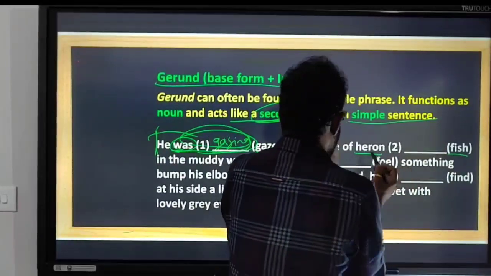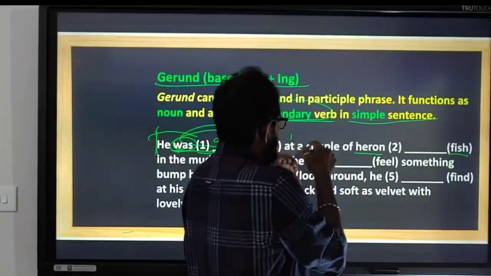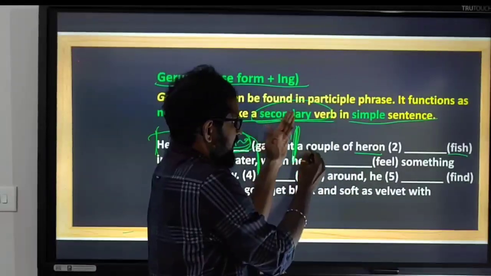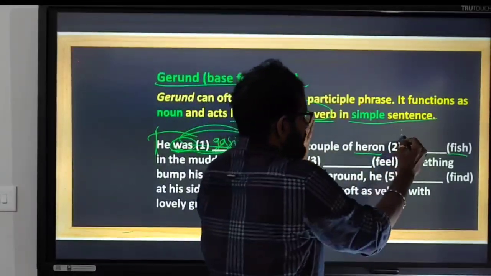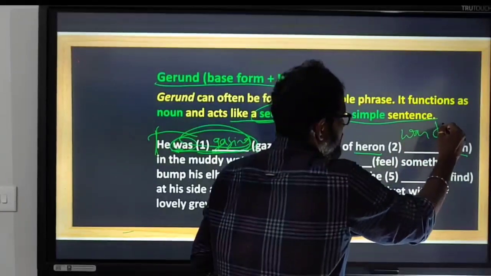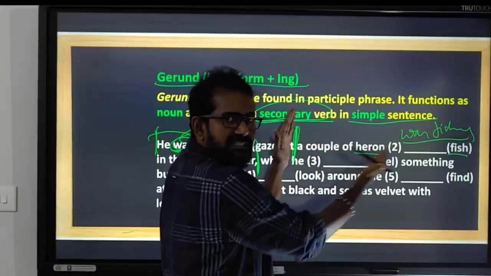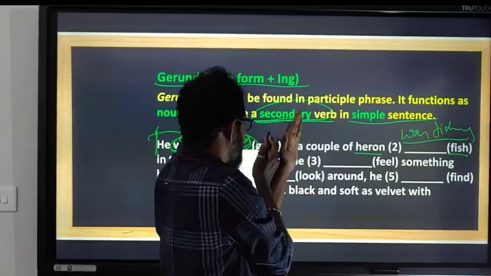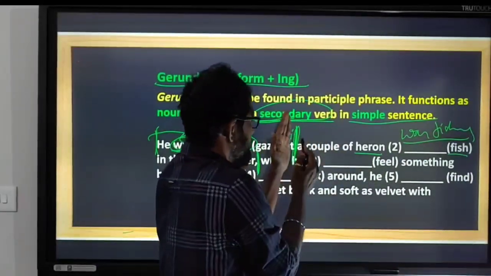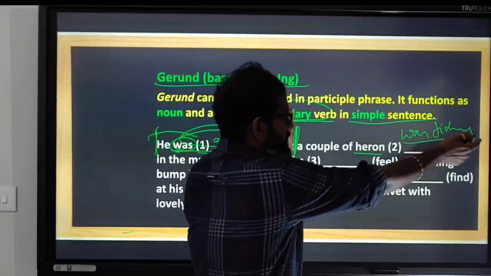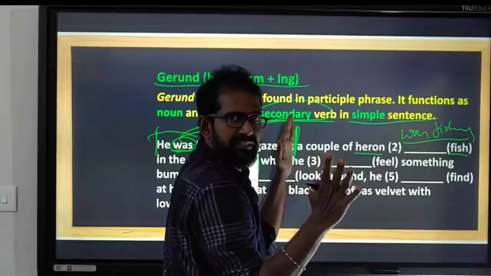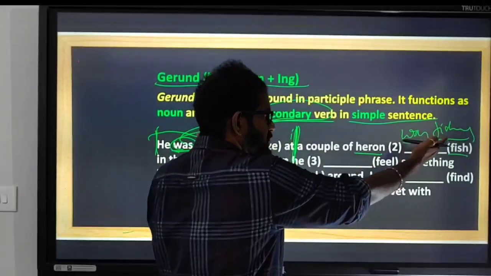Heron. Now we need to just take from here, look from here. A couple of heron was fishing. That's supposed to be a simple sentence. If you make it a simple sentence, don't forget about the remaining sentence here. A couple of heron was fishing is supposed to be a simple sentence. Now we don't want two simple sentences.